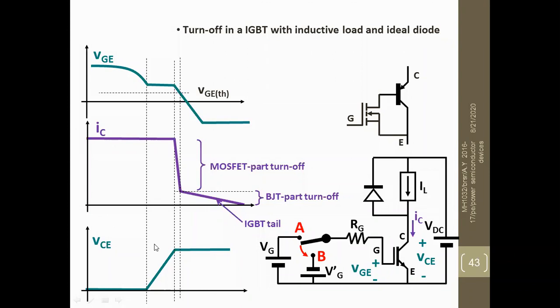But under this condition, what should happen? The collector emitter voltage rises, and it should be in a steady state manner. This is nothing but the turn off condition of an IGBT using an inductive load and ideal diode.